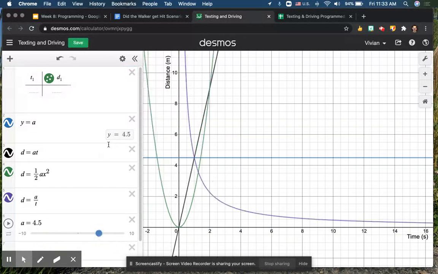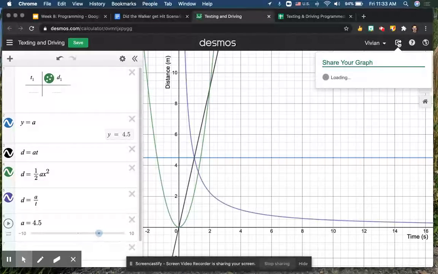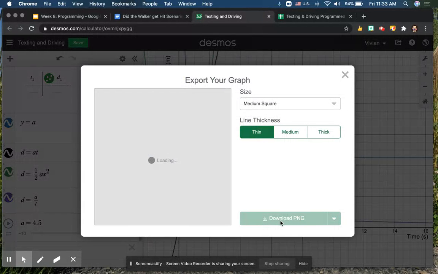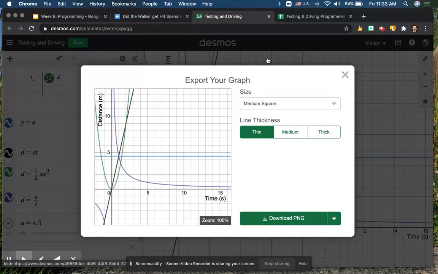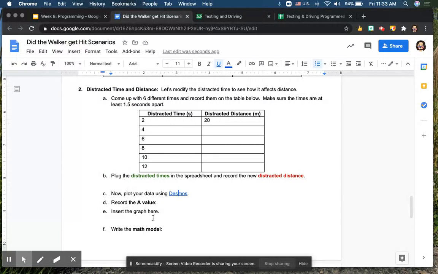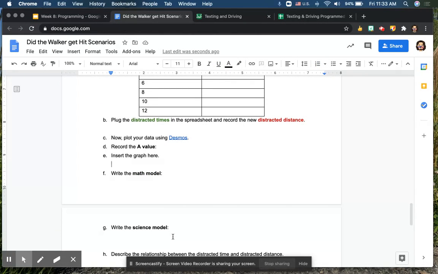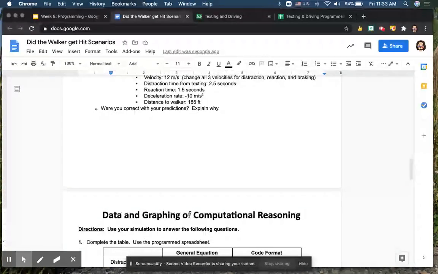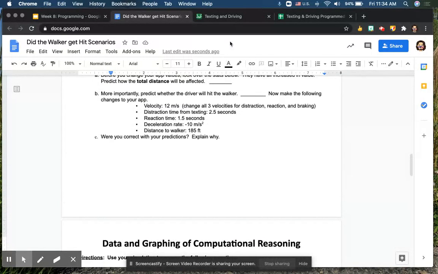After I figure out my best fit line, I can get rid of all of these other ones and just focus on the one line I need. When I'm done with that one line, I'm going to export it by clicking the share graph button, export image, and then download it. Once I download it, I can put it onto my spreadsheet and then finish filling in the answers there. So that is how you use your programming sheets to find your answers, and just a quick refresher on how to use Desmos in general.